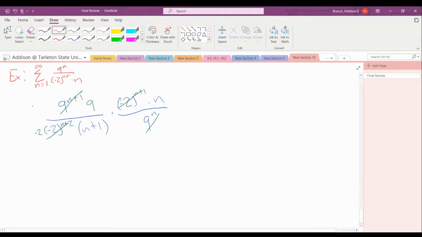So from here, let's rewrite this to make it a little cleaner, and we can take our limit. So we have our limit as n approaches infinity of 9n over negative 2. We can distribute that negative 2 to get us negative 2n minus 2.